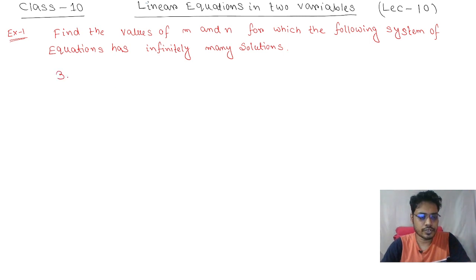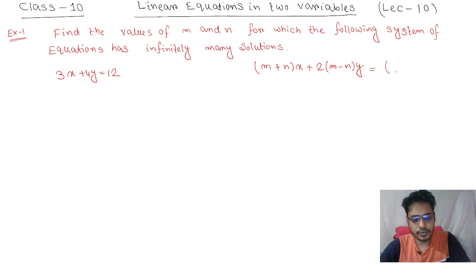The first equation is 3x plus 4y is equal to 12, and the second equation is (m plus n) times x plus 2 into (m minus n) into y is equal to 5m minus 1.